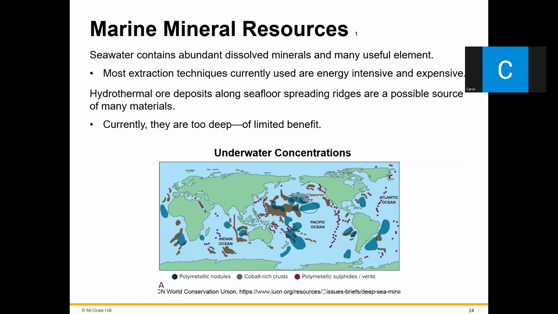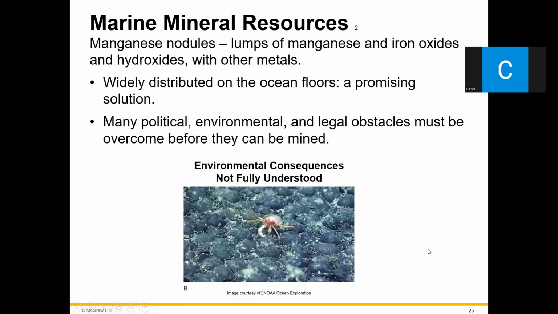And of course, we do expect there to be a lot of hydrothermal deposits near the spreading ridges on the seafloor, but currently they're too far and too deep to be economical to go after.